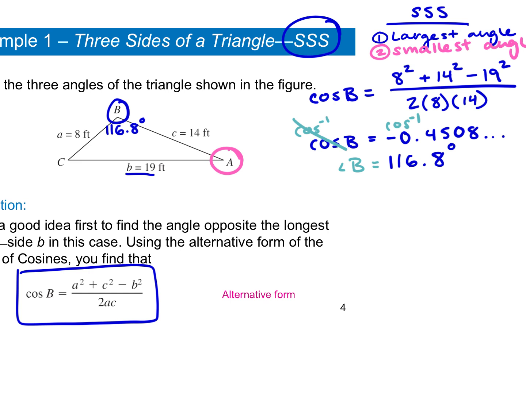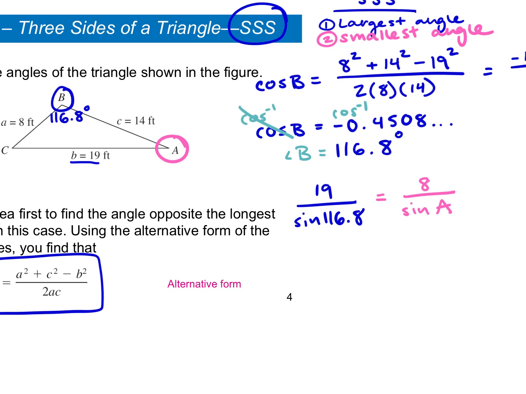Now, since we have a pair, we have side B and angle B, we're going to use law of sines now. So we're going to do the same thing we did yesterday with our law of sines. We're going to do that with our pair. So I have 19 over sine of 116.8 is equal to 8 over sine of A.